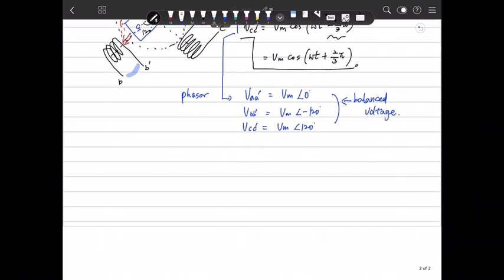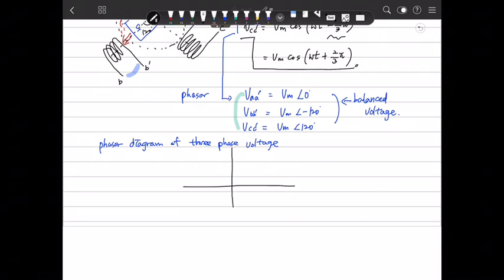So if you draw the phasor diagram of the voltage, we draw it in this manner. This is A phase here. This is A prime.